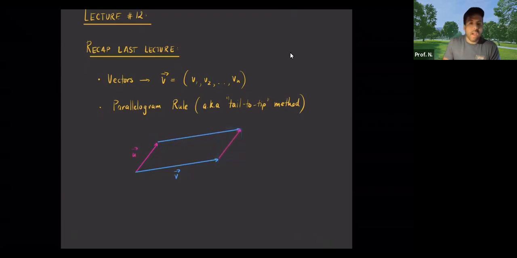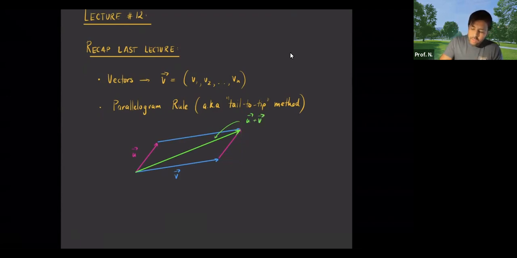And in doing so, you have these two diagonals. So one of them would be the resultant, right? As some of you may have seen in your physics courses, that's the sum.